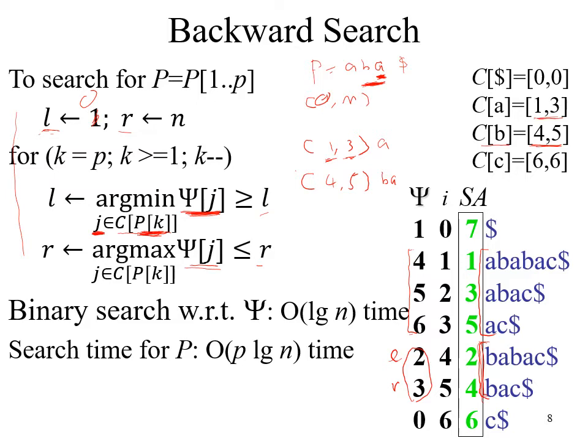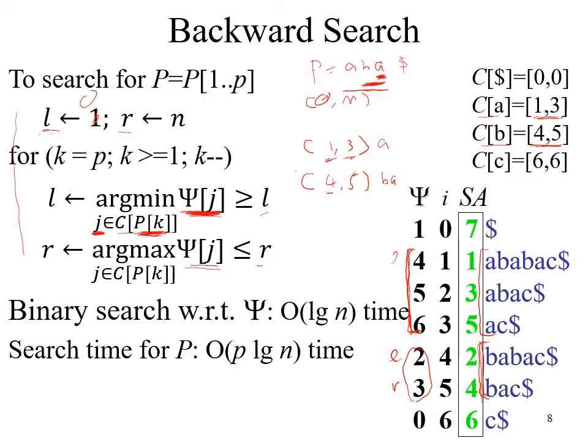Then finally we consider pattern ABA. So we prepend A to BA. CA is 1, 2, 3. Among these psi values, we compute the smallest j such that psi j is greater than or equal to 4.